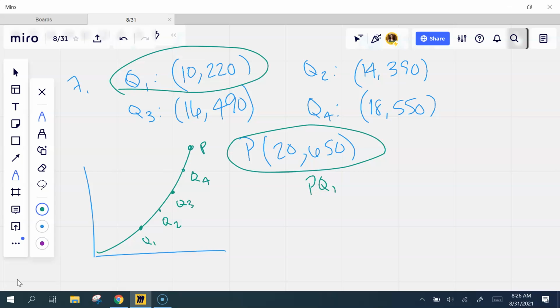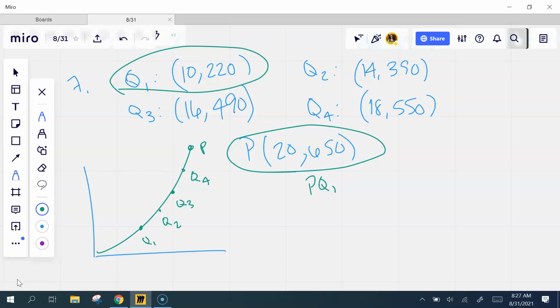Wait, hold on. It gave you all those coordinates, right? No, you had to look at the graph. I just looked at the graph and estimated. Oh, okay. And then it says estimate the slopes of the secants PQ1, PQ2, PQ3, and PQ4. So PQ is a line.